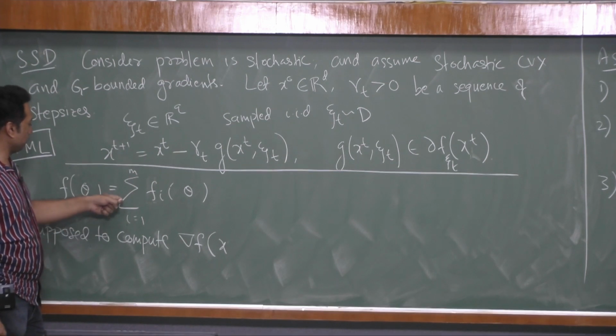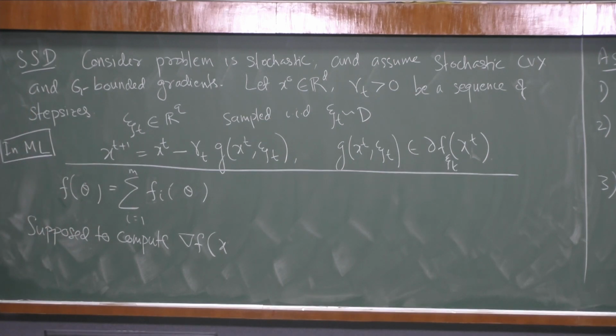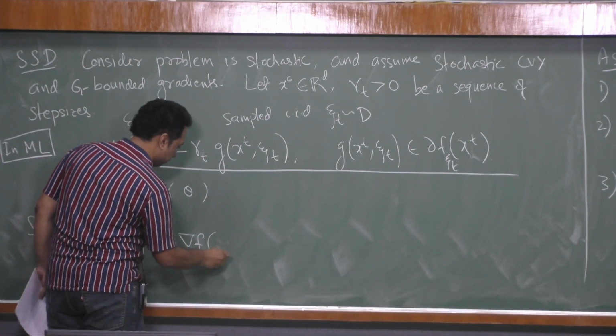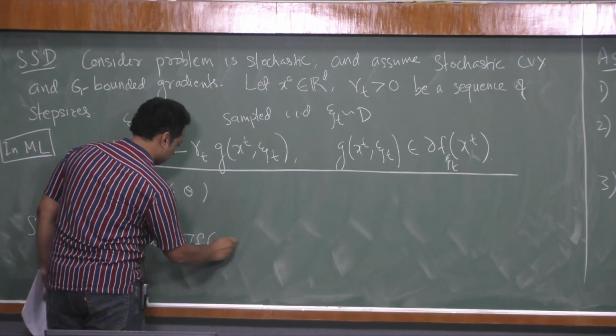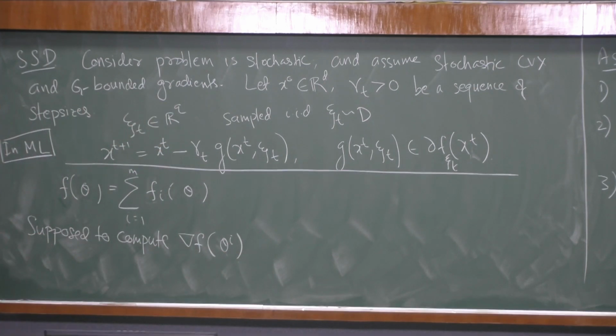When we use gradient descent, we are supposed to compute the gradient at a certain point theta. Let us say I start from theta 0, and I'm supposed to compute at theta i.